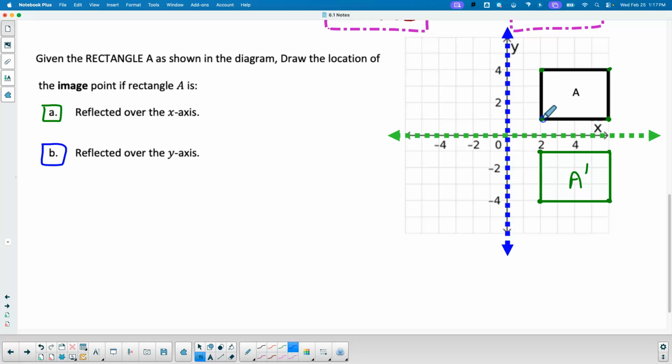This point here was 2 to the right of the y-axis, so I'm going to go 2 to the left of the y-axis. This one here was 6, so I go 6 left.